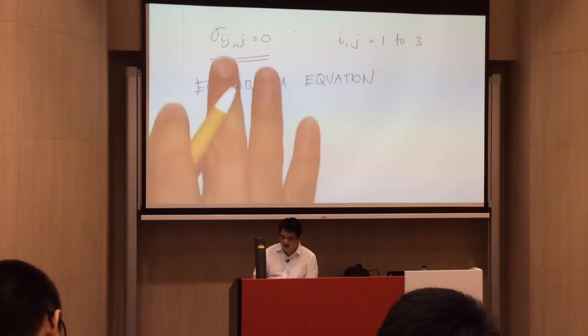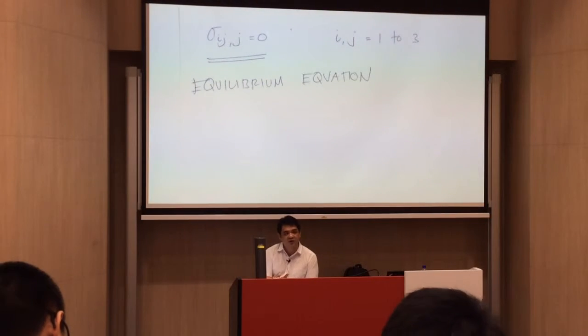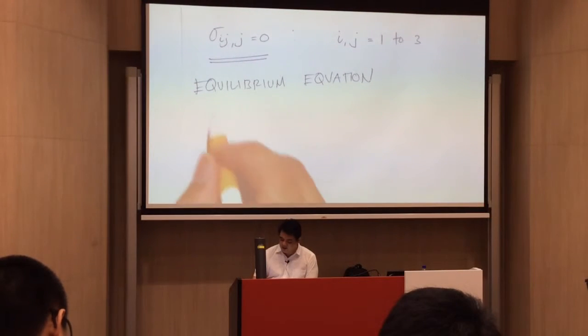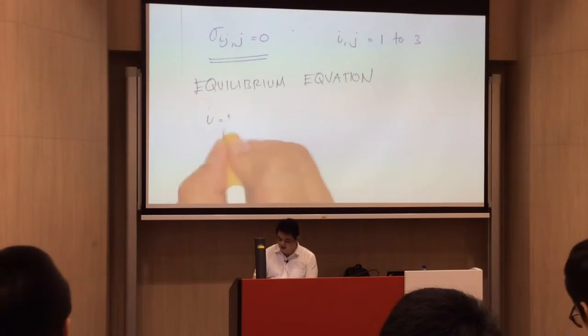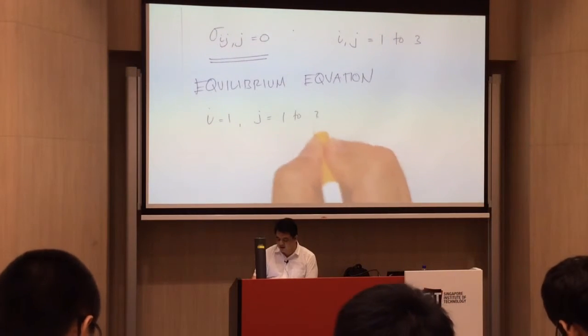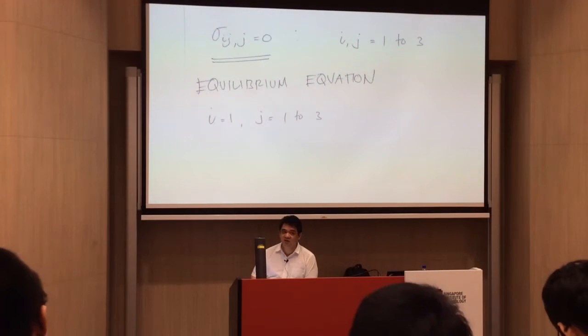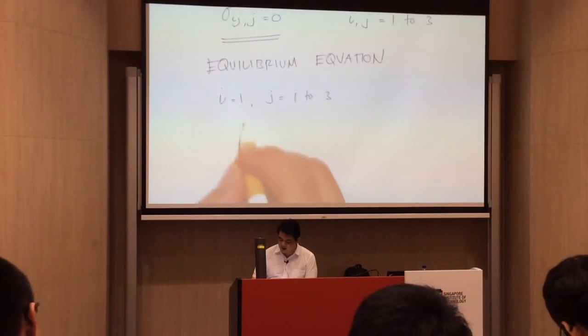Now again, the purpose of using indicial notation is to be able to save space. Let's try to expand this one. What if we have i equal to 1, and then j equal to 1 to 3? So what do we have? Partial differentiation.